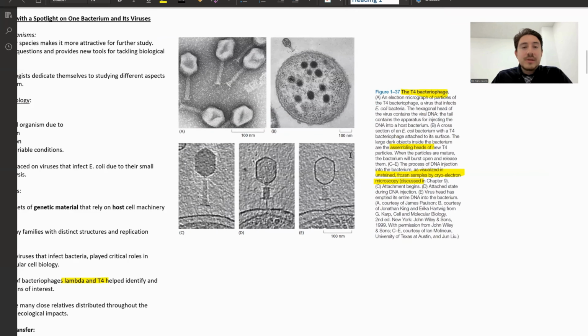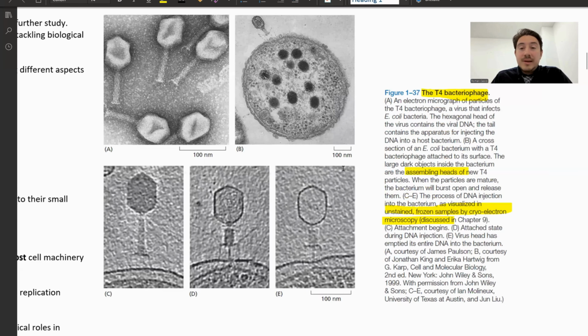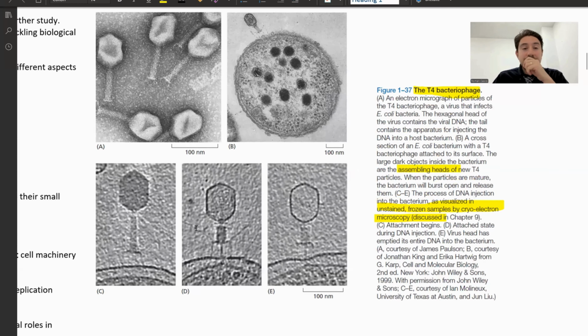You can see, let me just zoom in a little bit here, an electron micrograph of a bacteriophage attaching to an E. coli bacterium.